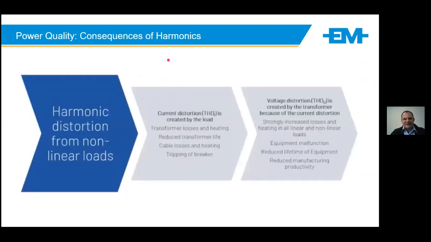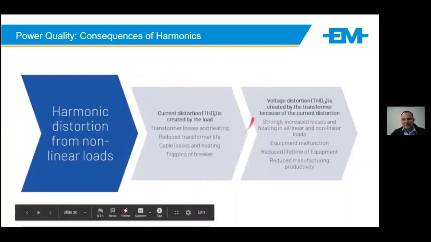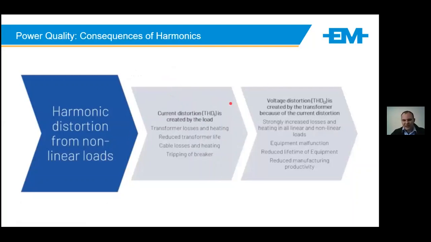So how does this all add up? Harmonic distortion from nonlinear loads, the THDI, is always created by the load. So current distortion will always be created by the load. What does this result in?